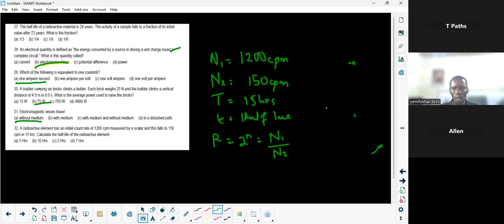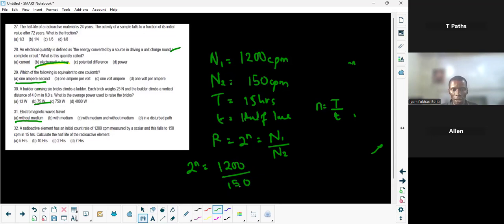Your n, from what I explained for the first time, is T over the half-life. To get the half-life, small t, which we are looking for, we need to get n. So 2 to the power of n is equal to N1 over N2, which is 1,200 over 150.